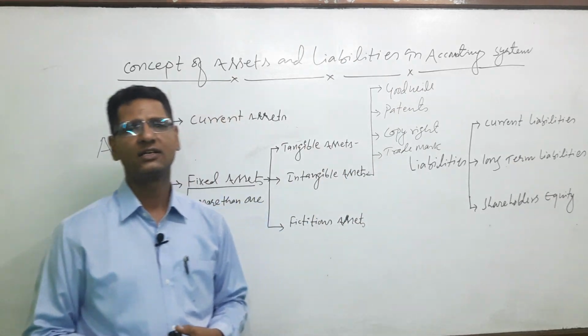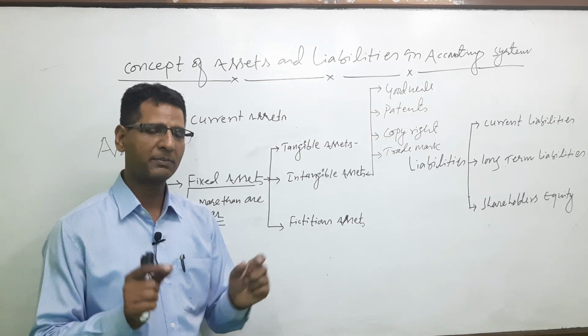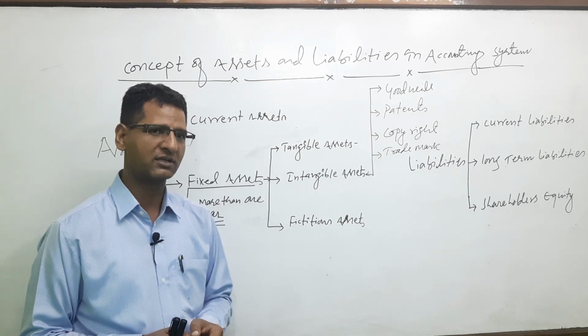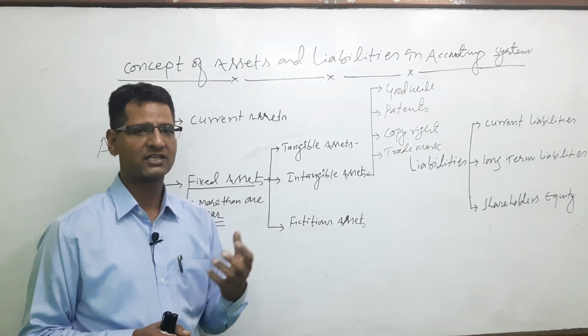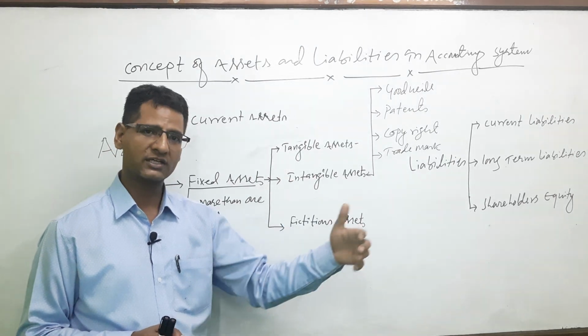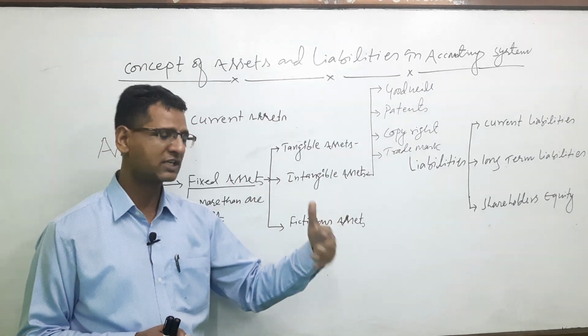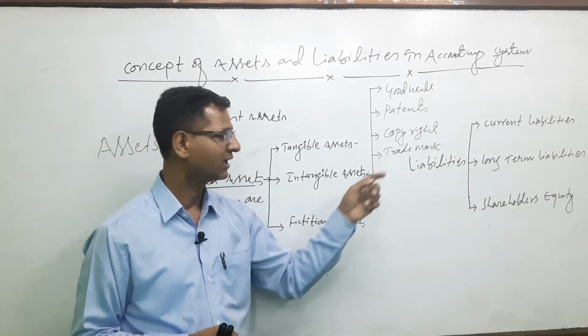Copyright is used in publication. Publishers use the name of different writers, and on the basis of writer's name, copyright, authority, the publisher sells more and more goods and earns profit more and more.